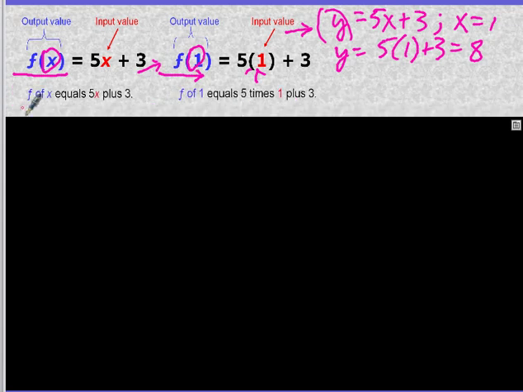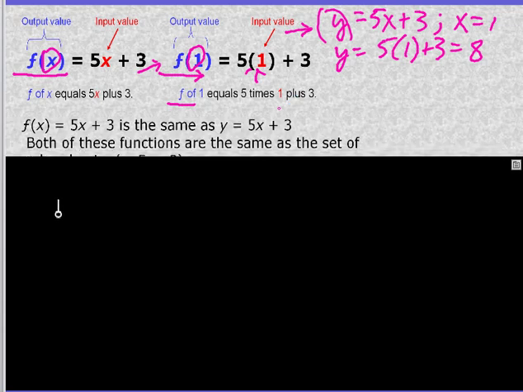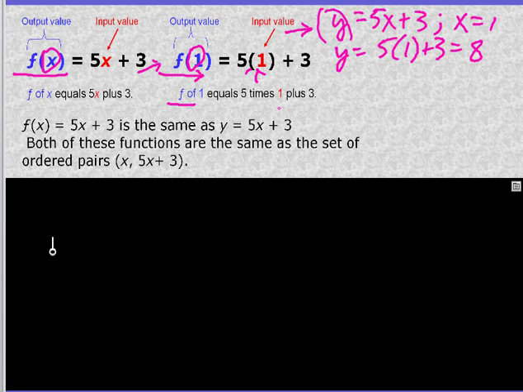As I said, this is the way you would say this particular equation is f of x equals 5x plus 3, and this is f of 1 equals 5 times 1 plus 3. I think this is pretty much what I told you already. F of x equals 5x plus 3 is the same as this.